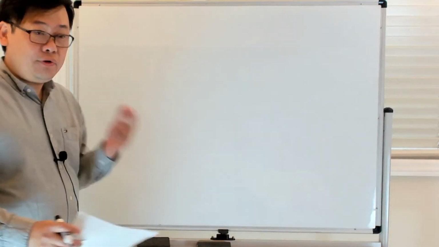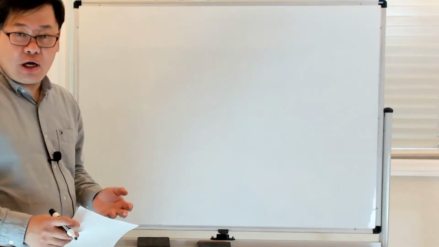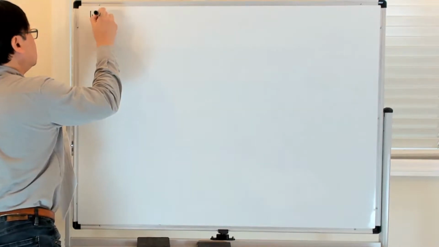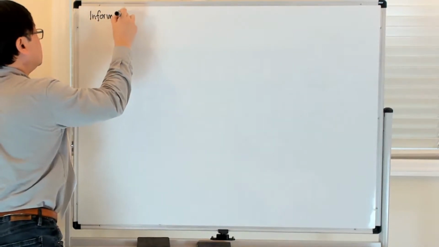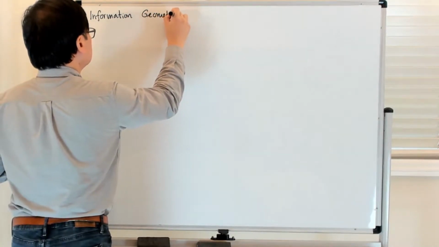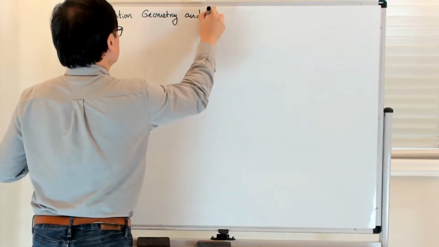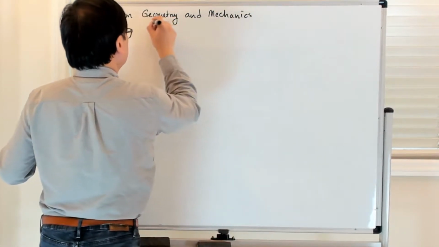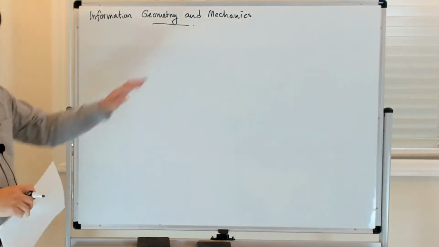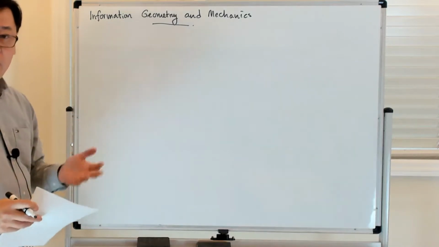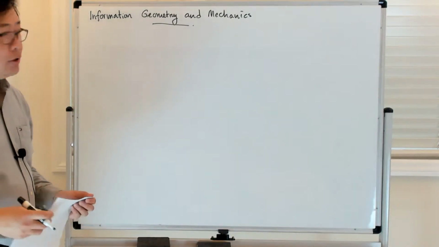All right, so now let me briefly describe what I view to be the connections between information geometry and mechanics, as well as the connection then with mechanics and optimization, which you should think of as being closely related to learning.